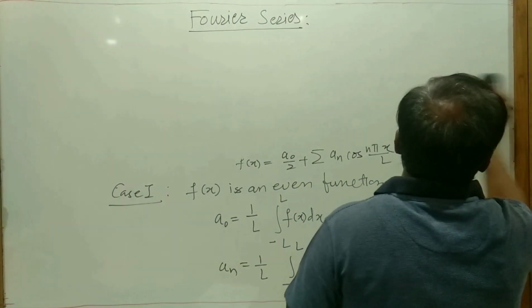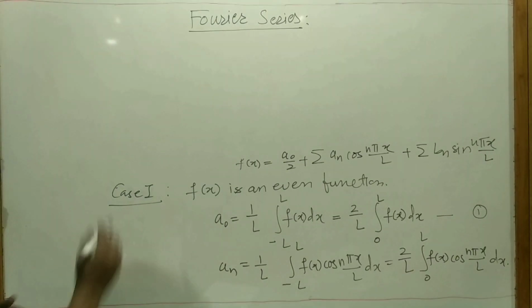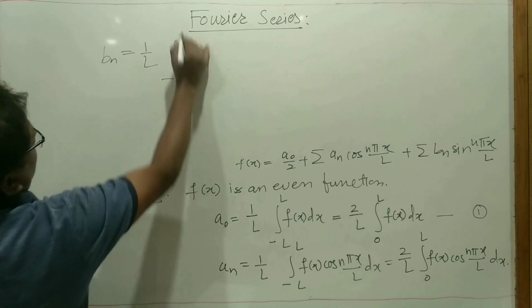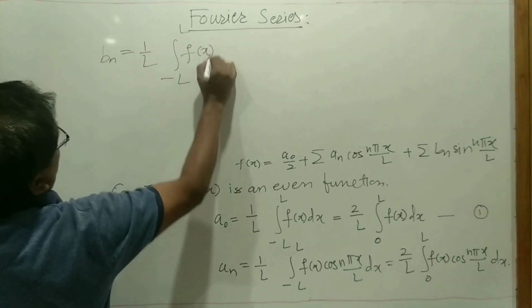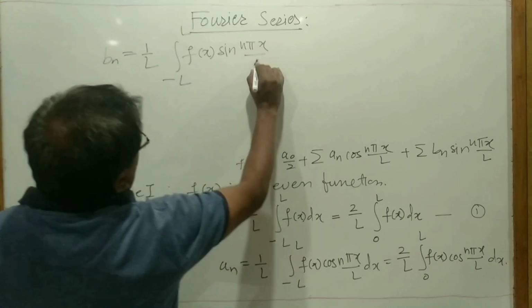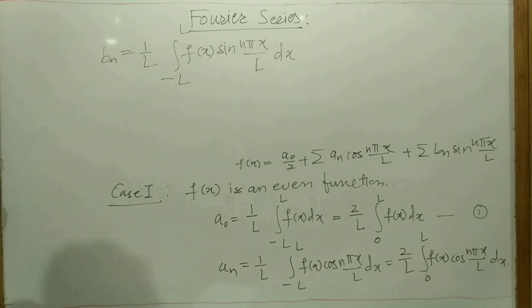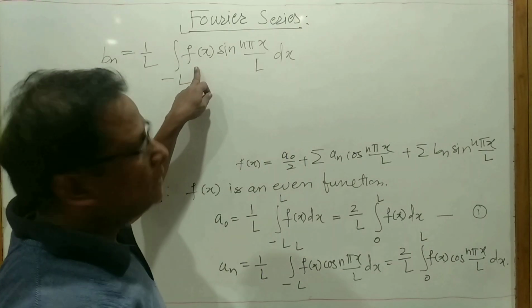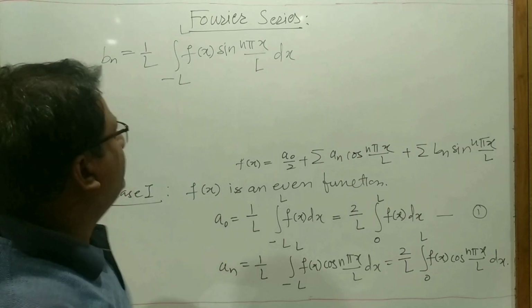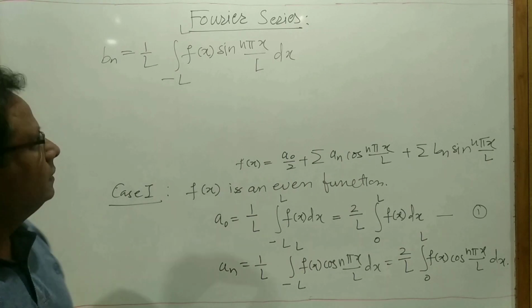Bn equals 1 upon L integral from minus L to plus L f of x sin n pi x upon L dx. Now see, f of x is an even function, sin n pi x upon L is an odd function, and the property says that the product of an even and an odd function is an odd function.